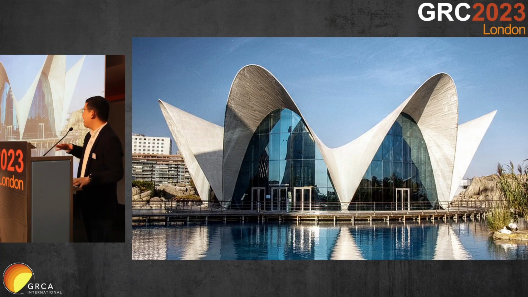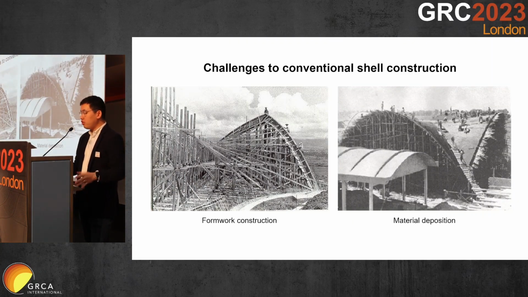Outside of the fact that these types of structures were going out of fashion, there are some technical constraints as to why they are not being seen more nowadays. There are two parts to that. There's the formwork construction, which is quite laborious, and it also imposes constraints on the geometry of the shell itself, and also the material deposition.